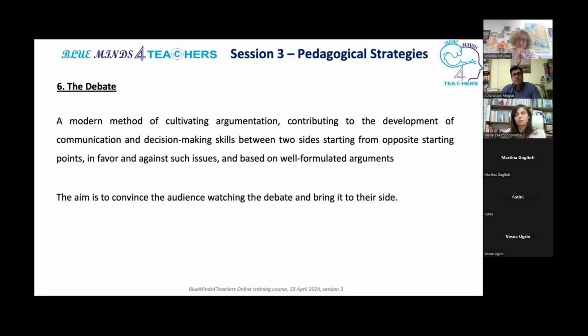It cultivates argumentation, contributes to the development of communication and decision-making skills, but this time it is between two sides, starting from opposite starting points, the one in favor and the other against such issues, and based on well-formulated arguments again. The aim is to convince the audience watching this debate and to bring the audience to their side.